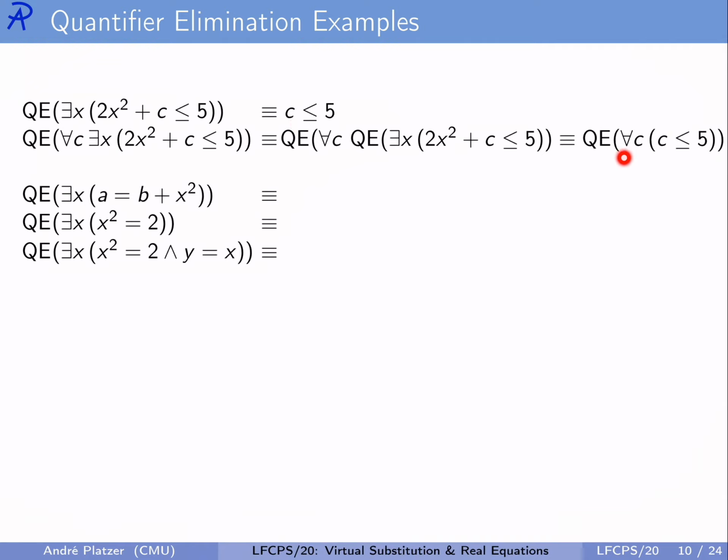So the question, what the formula for all c, c less or equal 5 is equivalent to, can you rephrase that? Sure you can. Well, let's just make it easy. c could have all kinds of possible values. We could have the value minus 100, so minus 100 needs to be less or equal 5. It could have the value 5, so 5 has to be less or equal 5. It could have the value 100, so 100 needs to be less or equal 5.